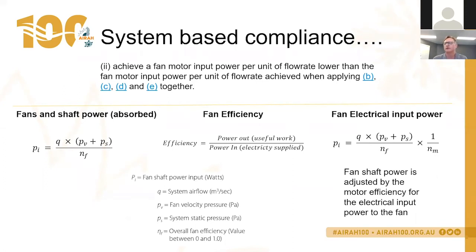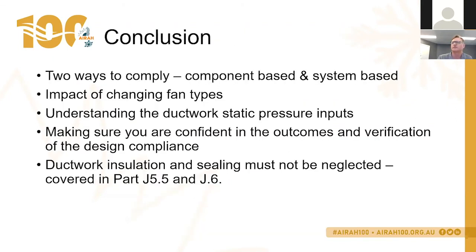So it looks at the absorbed power and takes into account the motor efficiency losses, and then using these equations, you'll end up with your watts per litre per second allowances. These equations are all out of the DA manuals, so you can go through those calculations.